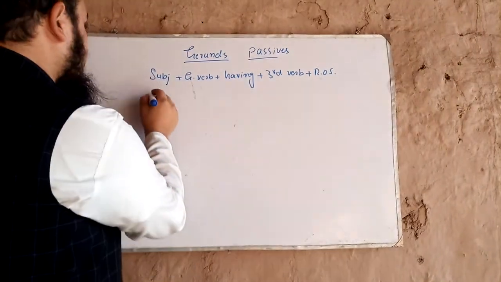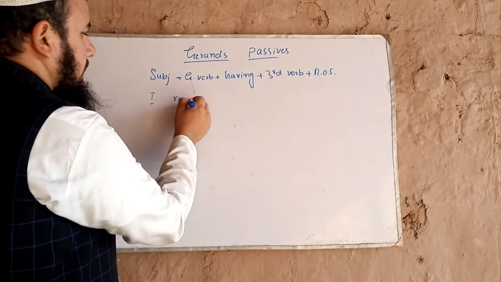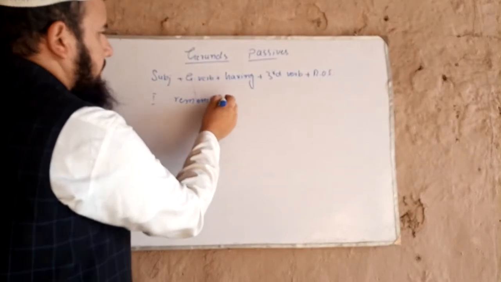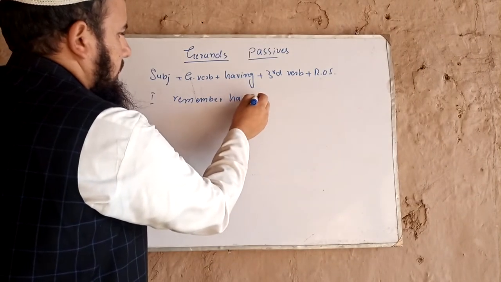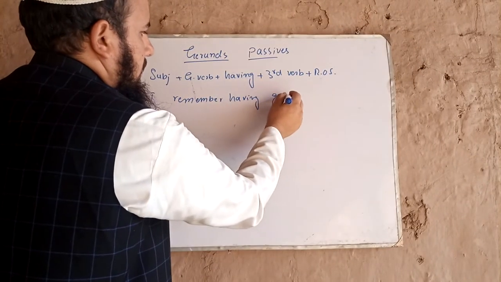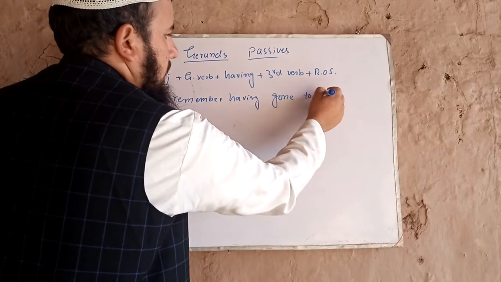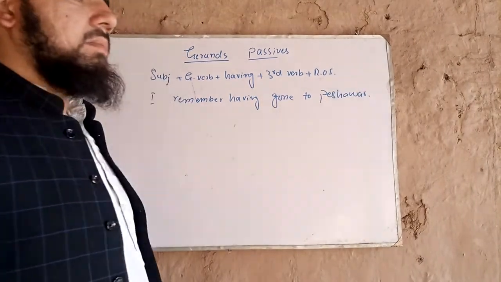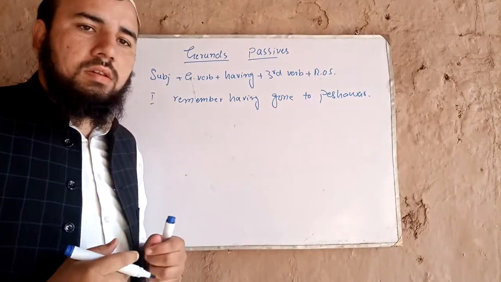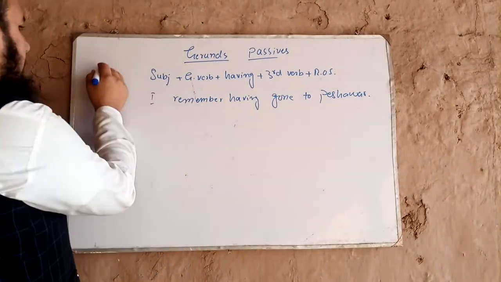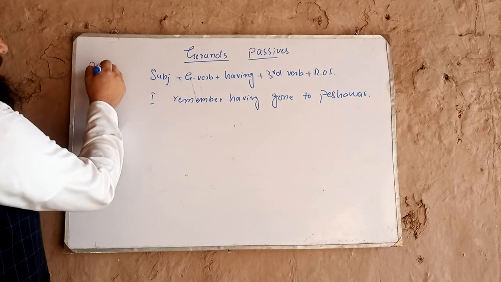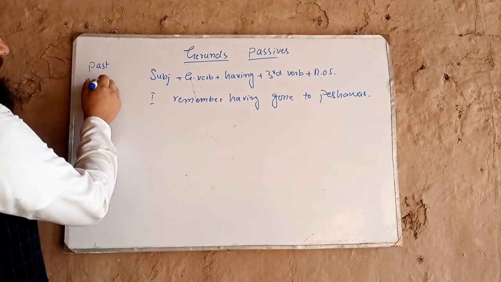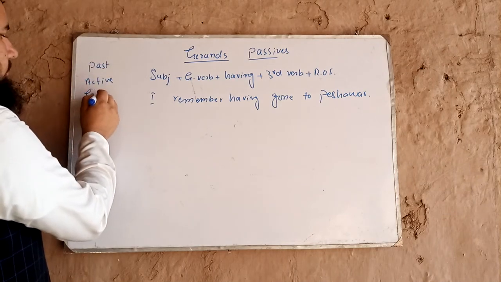Like for example, I remember having gone to Peshawar. Now this is my example about the past gerund. So this is called past active gerund.